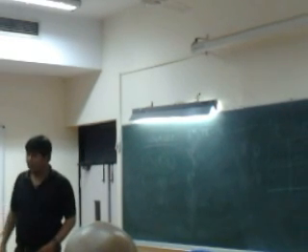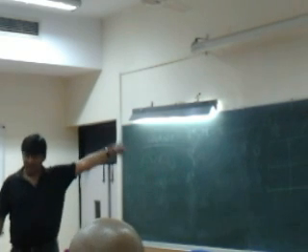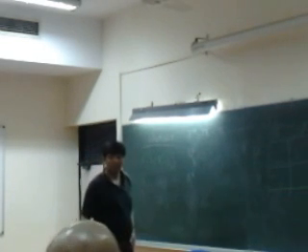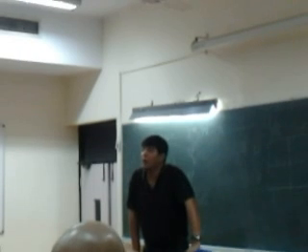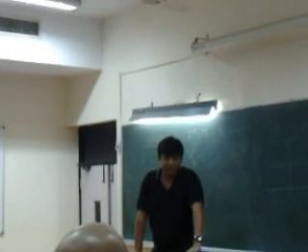So, a game has players, rules, and strategies. Strategies are: one of them can choose up or down, the other can choose left or right. And a game also has a payoff corresponding to each strategy. So what do I mean by payoff corresponding to each strategy?